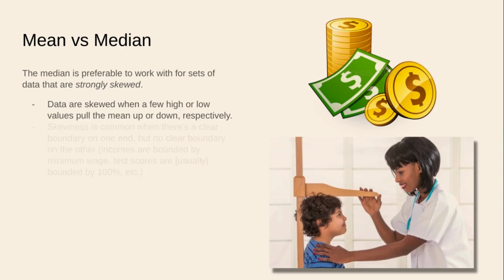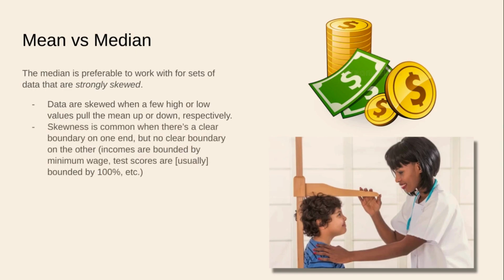So skewness is common when there is a clear boundary at one end. Test scores are a good example of this: 0, or if we're talking about final passing grades, 60 or 59.5 technically is the lowest possible passing grade. So you have a boundary on one end, but no clear boundary on the other.